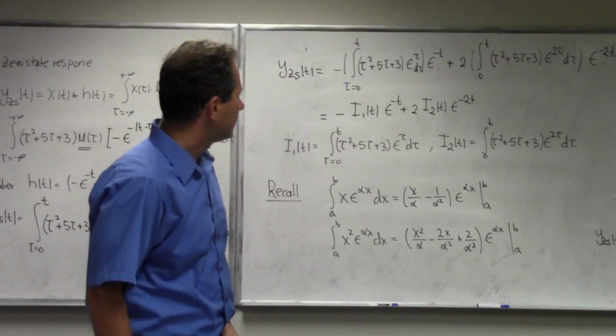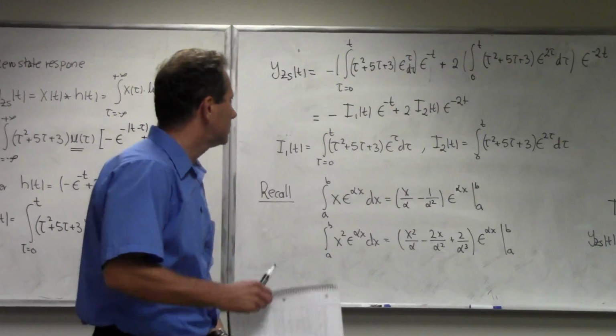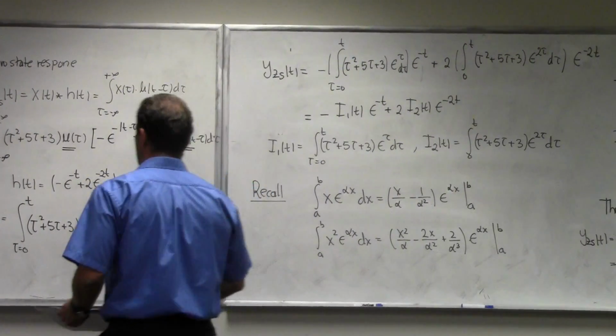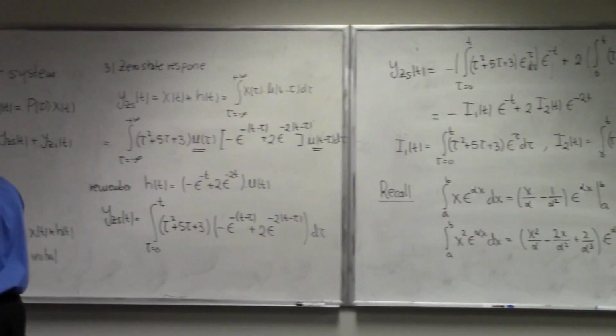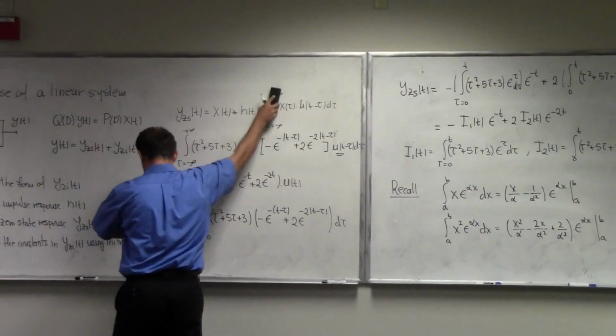Now that we have zero state and we have a zero input, our total response, so this is where we go to step 4.